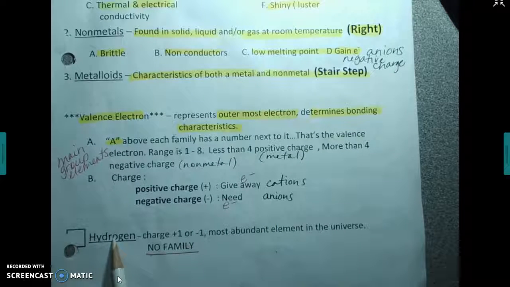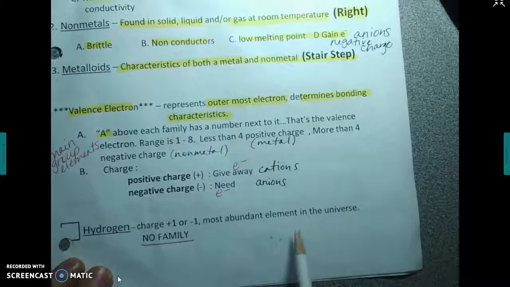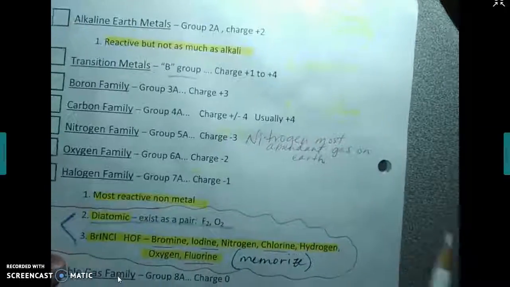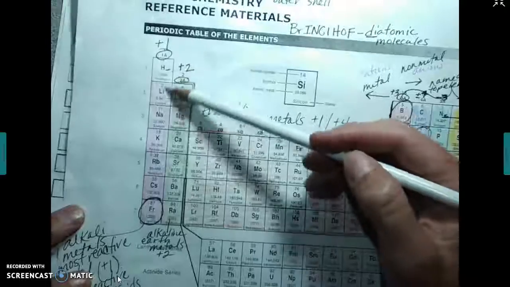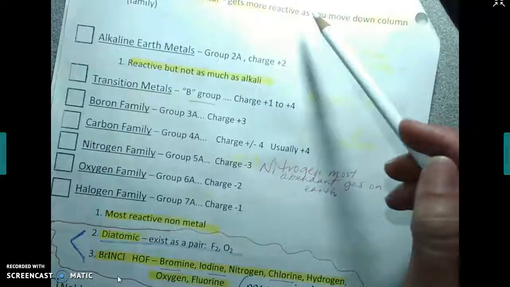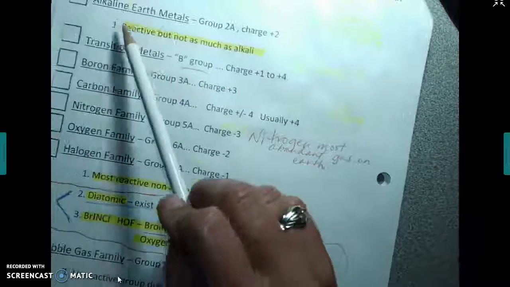So a hydrogen. A hydrogen has no family. It has a +1 charge, and it's the most abundant element in the universe. Not on Earth, but in the universe. Alkali metals. Alkali metals are the most reactive metals. They have a +1 charge, and they get more reactive as you move down the family.